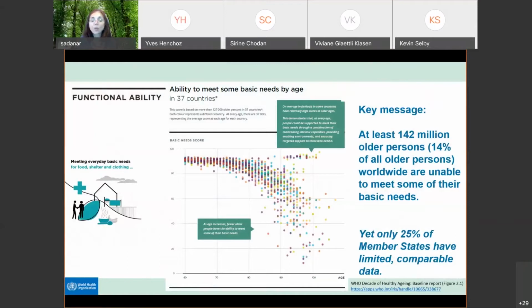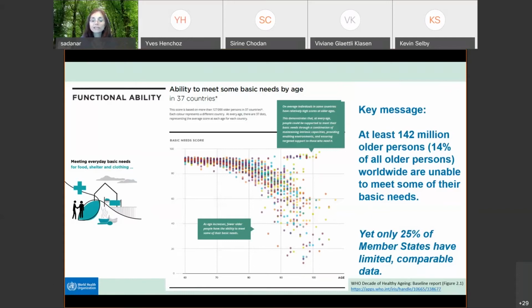The y-axis shows the score, where a higher score, 100, is better. And the x-axis shows age from 60 to 100. Basically, each colored dot is a different country with the mean of that age group in that country.